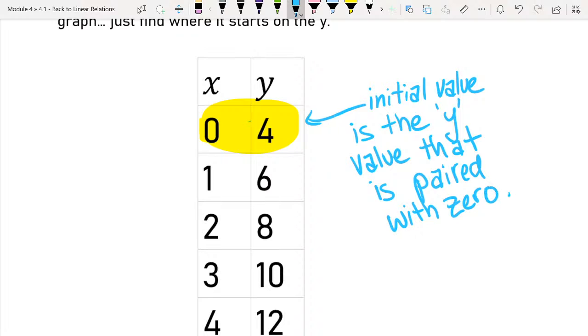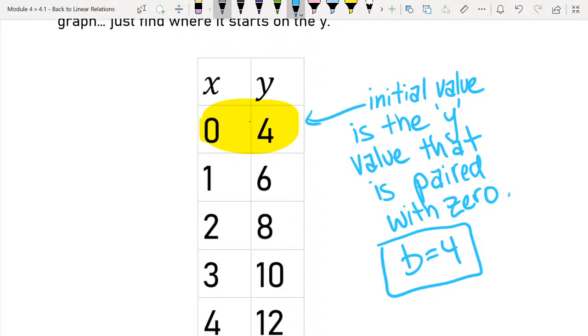So in this case, when x is 0, y is equal to 4, so b is equal to 4. And that's all you have to look for. Just find the y value that is paired up with 0, and you know what the initial value is.